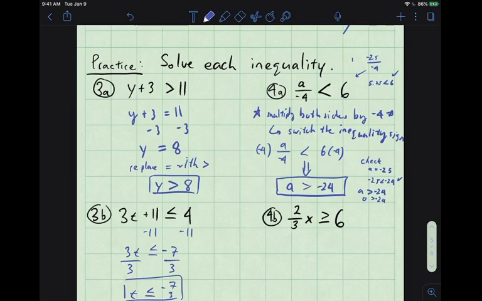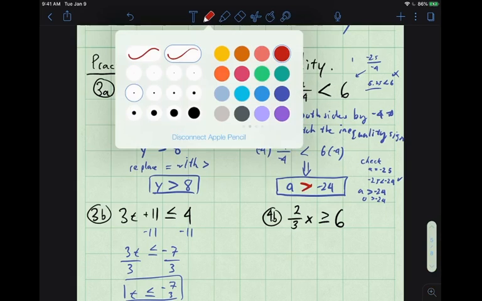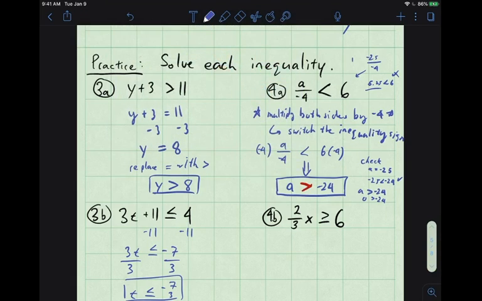That means I messed up my original answer. Where did I switch it? No, I messed up here. In my checking, this is 6.25, which is not true. Okay. So let's put that in red. I forgot to switch that first time. I showed you my mistake.